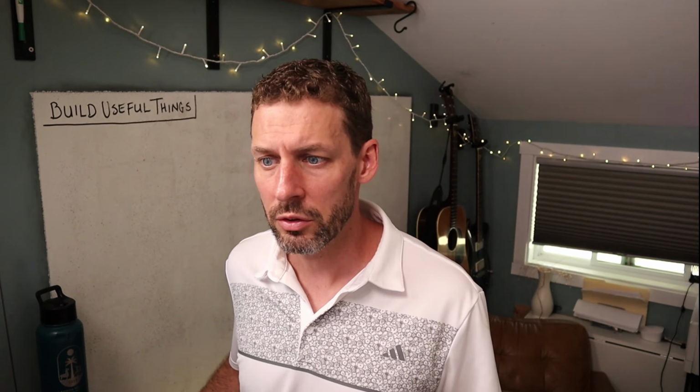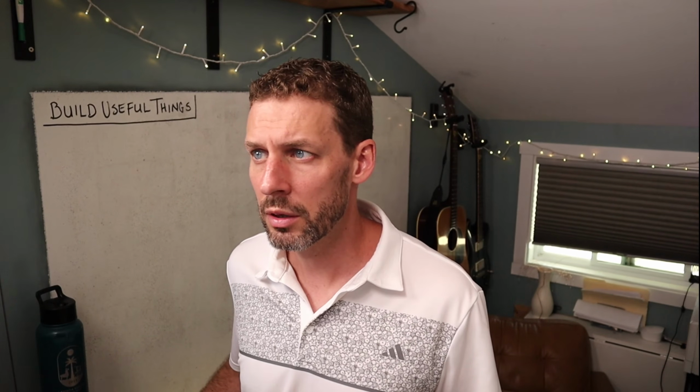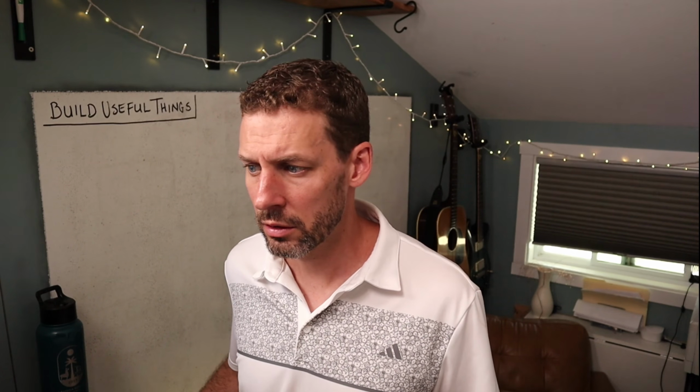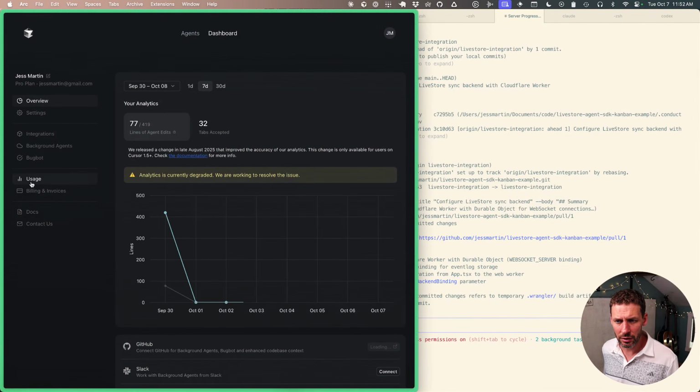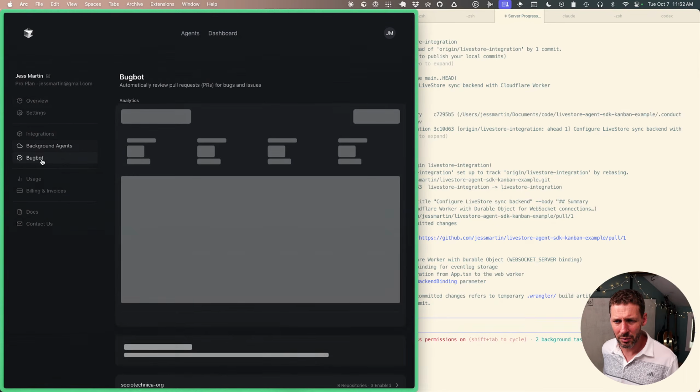I'm trying to remember where I configured that. Cursor.com? Yeah. I don't know if anybody's using BugBot, but I found it to be pretty useful. Useful enough to pay for. With GitHub. Actually, I don't think there's anything private here on this. Let's see. BugBot.